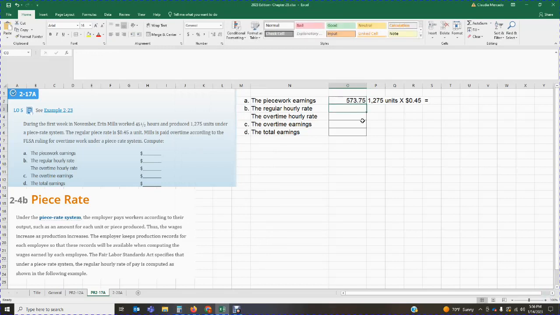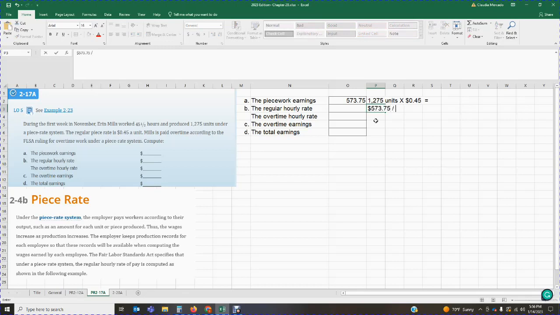Now that we know the piecework earnings, we can calculate the hourly rate. This is going to be a varying factor based on production. So for this particular week, the hourly rate for Aaron is as follows. We know that Aaron made $573.75 based on his production.